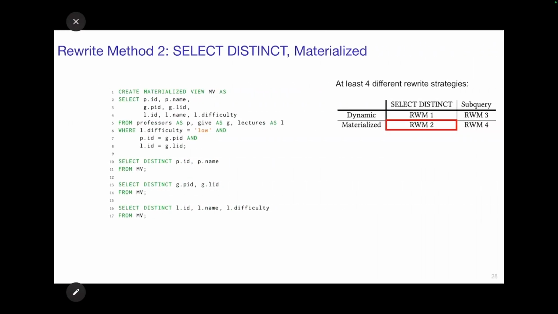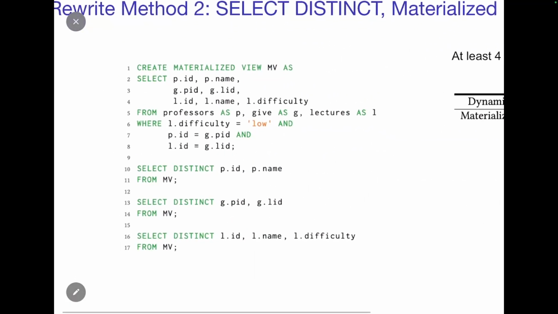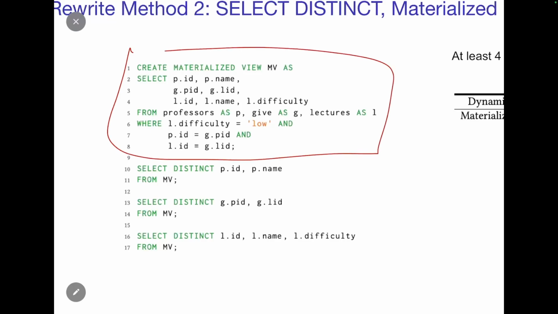Okay, and then we looked into a couple of rewrite methods. So this is a hack in a way. The idea here is that I materialize the output of the original single table result into a separate table. That's also called a materialized view, not to be confused with a standard view. If you write create view without the materialized, no query is going to be executed in the database system.